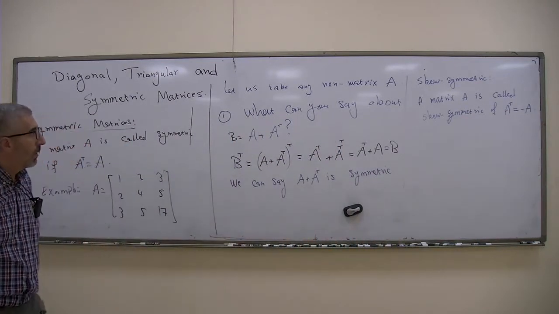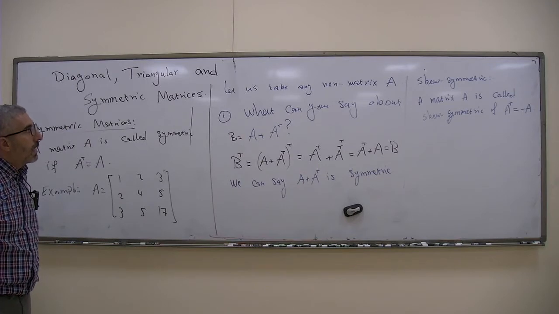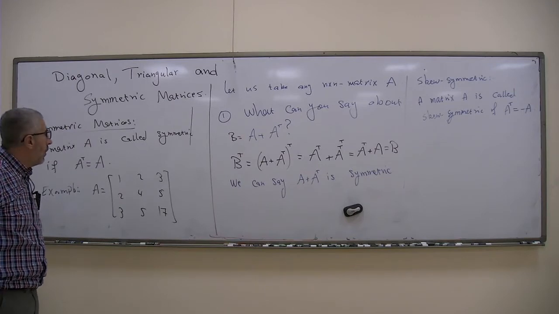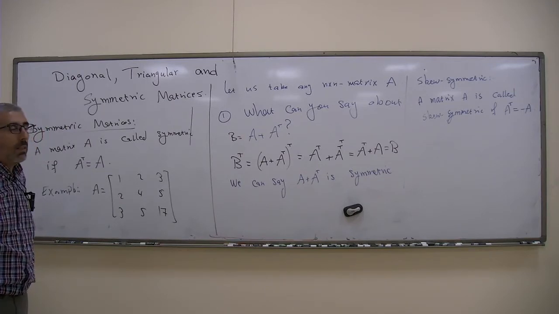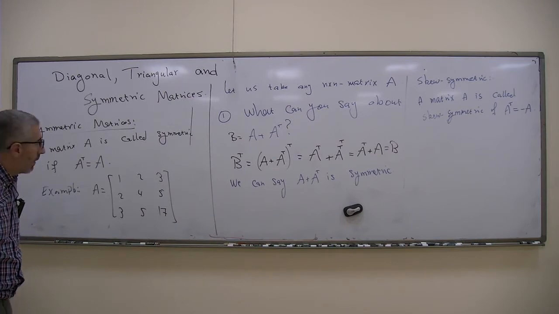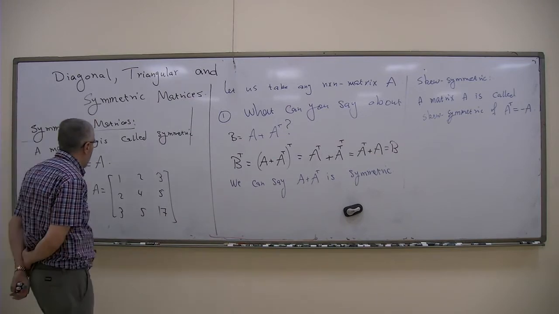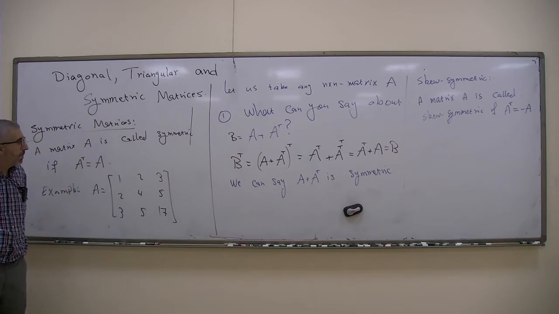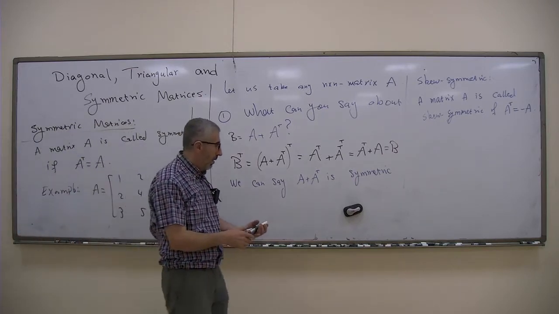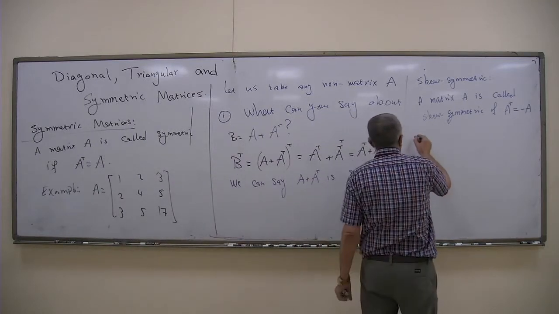Think about it. A matrix is called skew-symmetric if when you take the transpose, you get not A, you get negative A. Can you think about an example here? Here is an example.